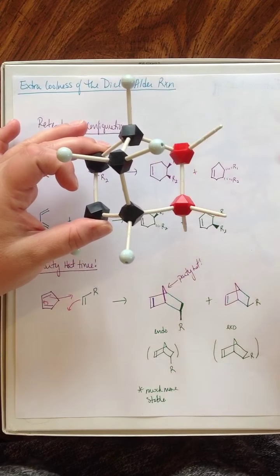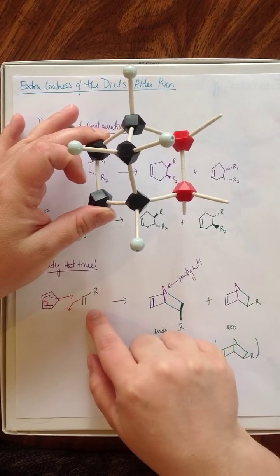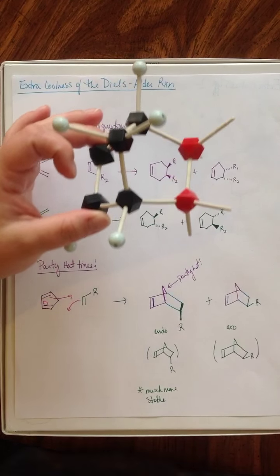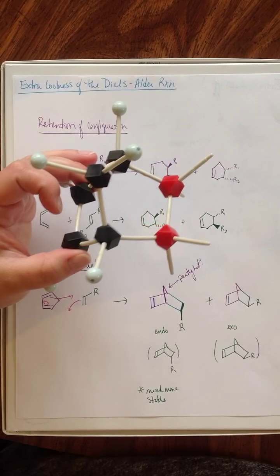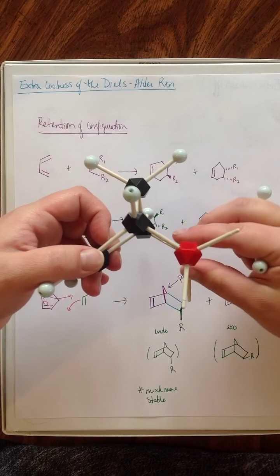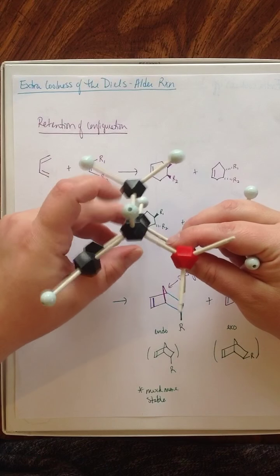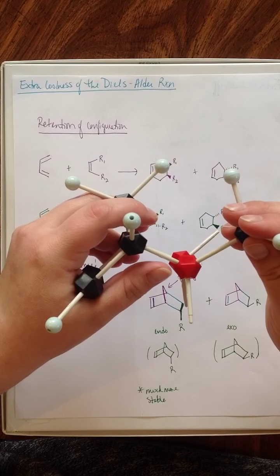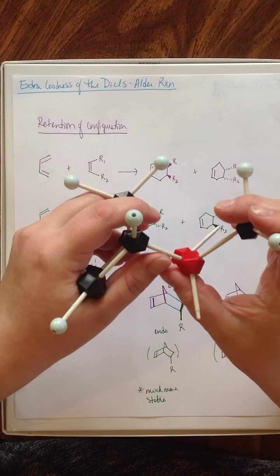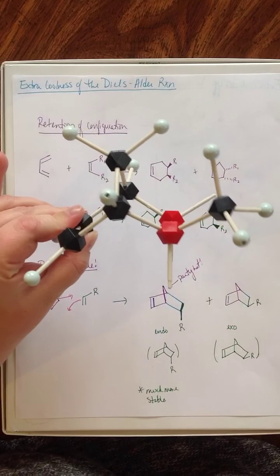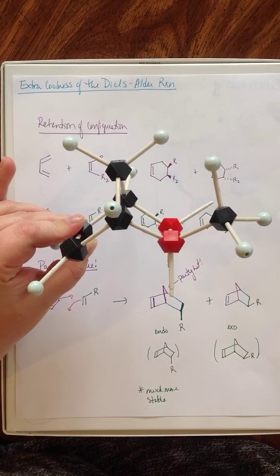Well, when you have an R group on the dienophile, you have to determine where that R group is most likely to occur in the products. So if we look at 2 different options here, we could either put our carbon up here, right? That would be one position.